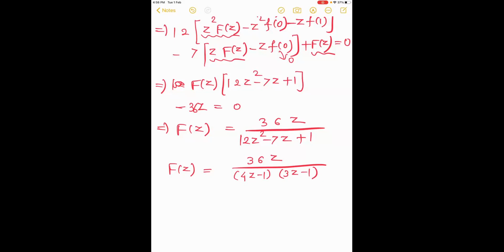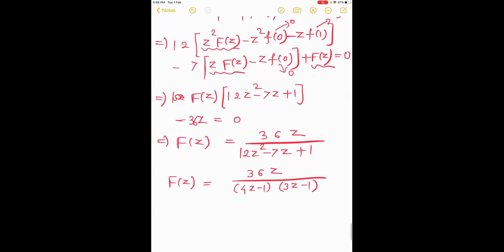You know the factorization for the quadratic equation. 12 is the multiplication of the first and the last term, and the middle term is minus 7. So that is giving me the answer minus 4z minus 3z, which is minus 7z. Is it correct? Yes, ma'am. So this denominator is a linear factorization with non-repeated factors.